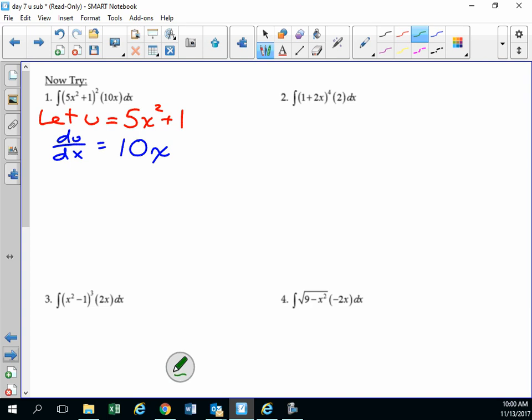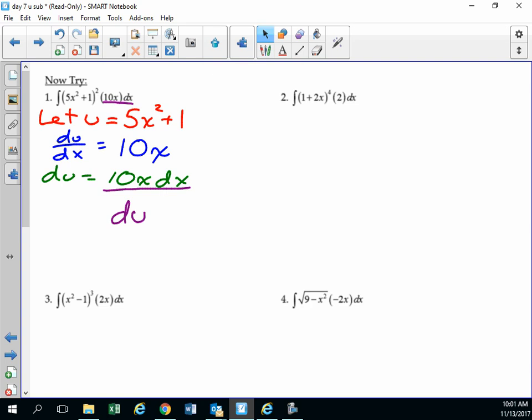So let's solve for du. du equals 10x dx. See what I have underlined, 10x dx? Do you see that in the original problem? Yeah. I'm going to replace that entire 10x dx with du.